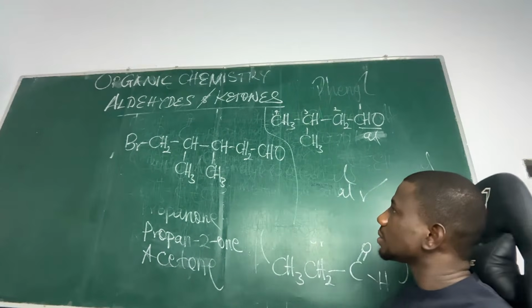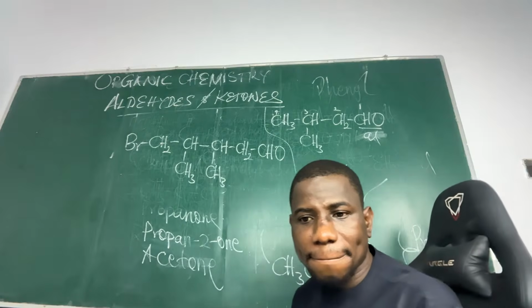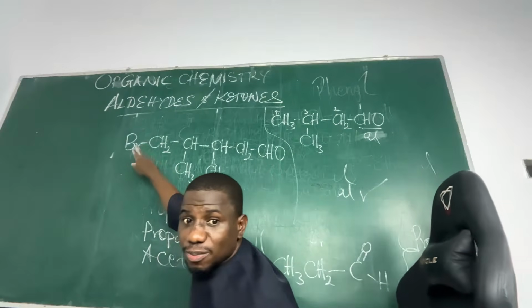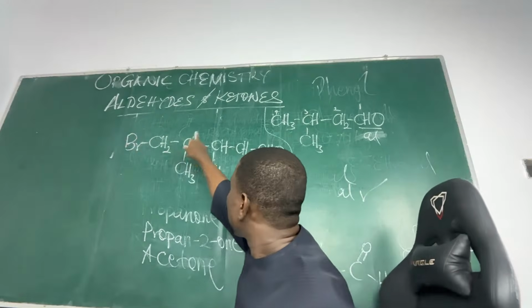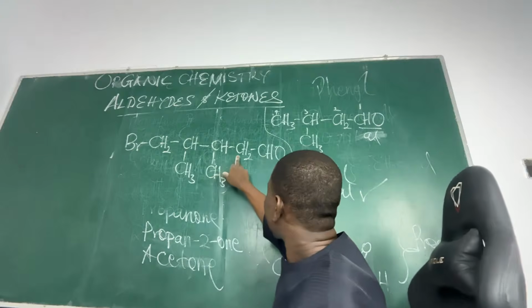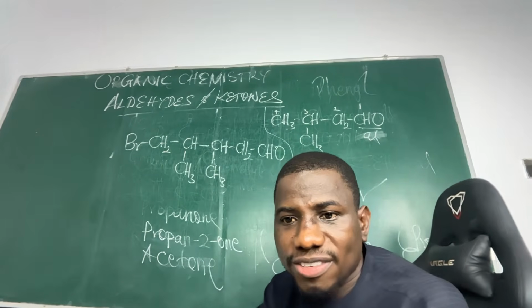What's the answer? We have CH2 with bromine by the side, please. We have CH with CH3. We have CH with CH3. We have CH2, and we have CHO. What's the answer?